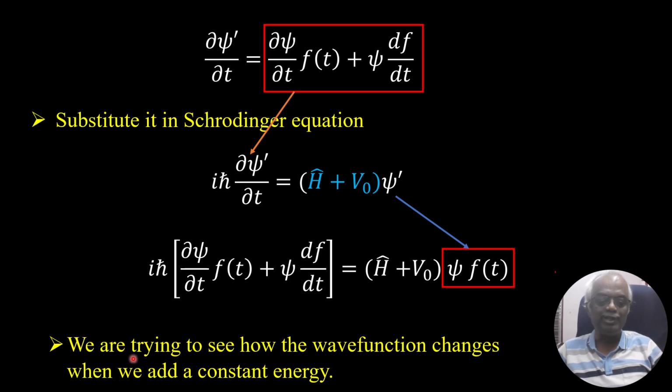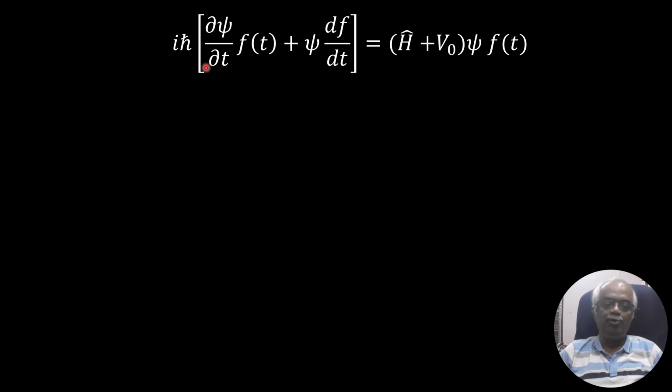What we are trying to see is how the wave function changes when we add a constant potential. We have added some constant potential, and now we are going to see how the wave function gets changed. Now we can expand this equation. You bring i h cross inside the square bracket.